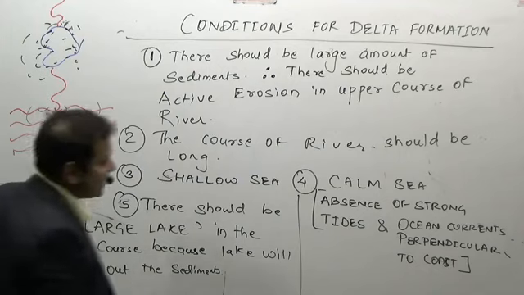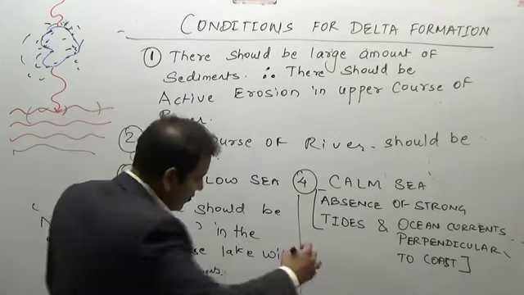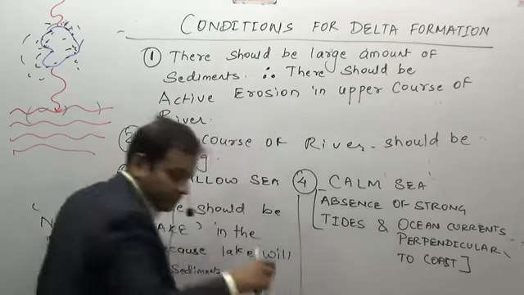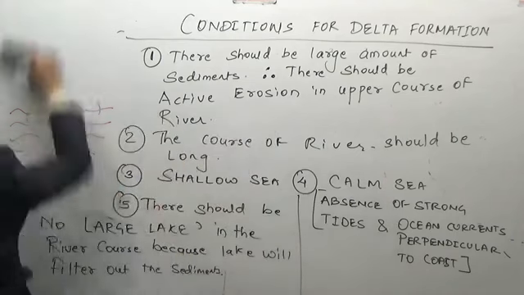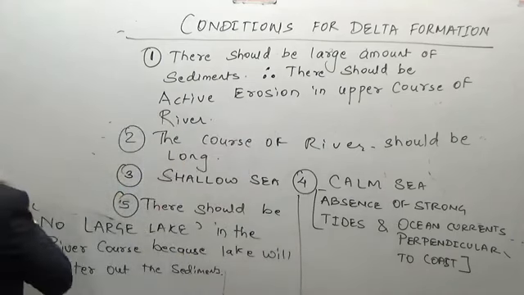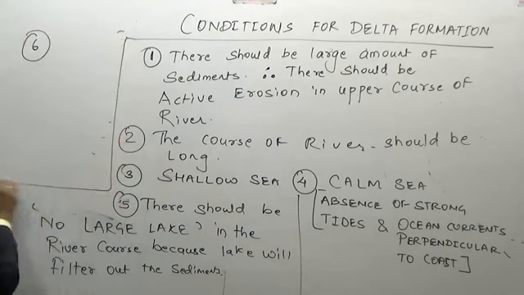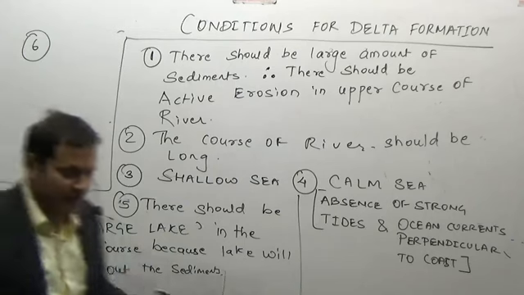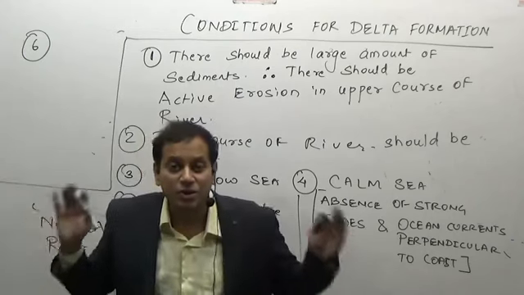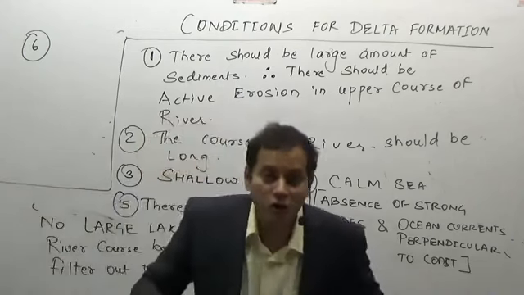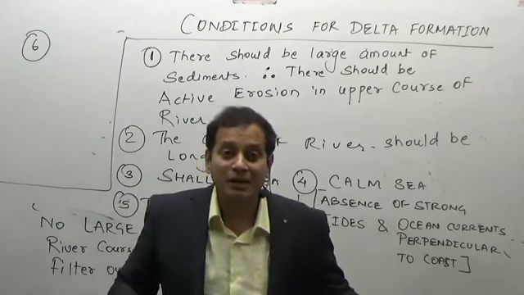And the last condition for the formation of a delta, the sixth condition, is that there should be stable geological conditions. That means the conditions should be stable for a long period of time. What do you mean by long period of time?